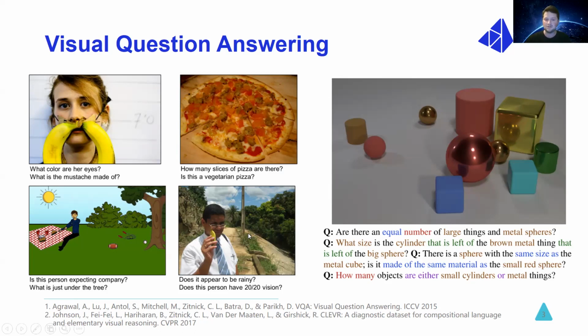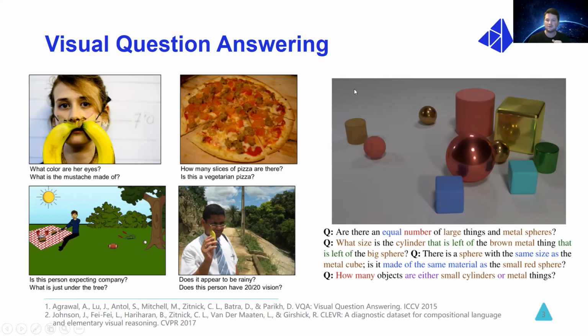And maybe on this picture, the system should understand what 20/20 vision means. But on the other hand, there are data sets which are simpler in the visual part, but still very interesting and quite complicated in reasoning tasks.